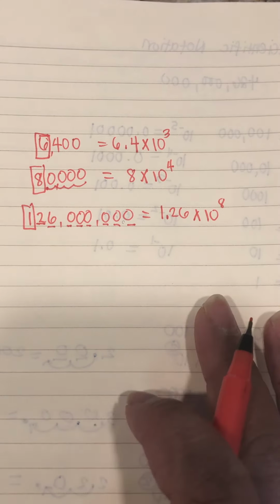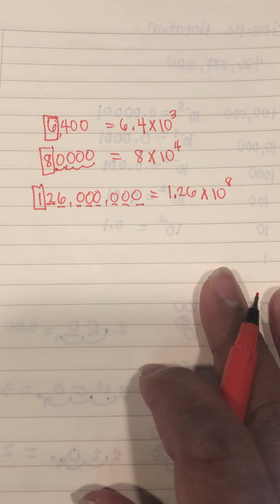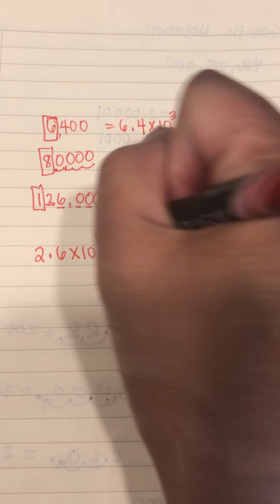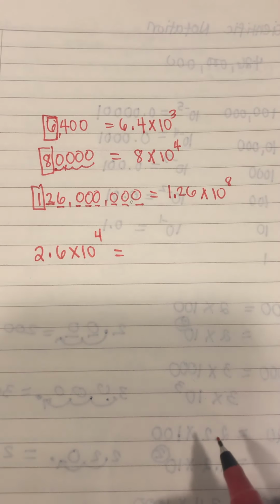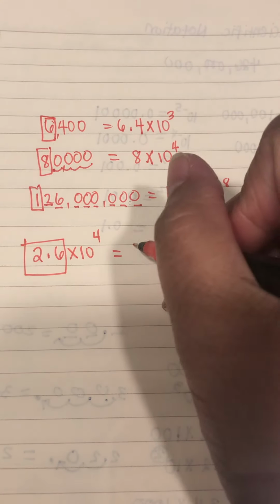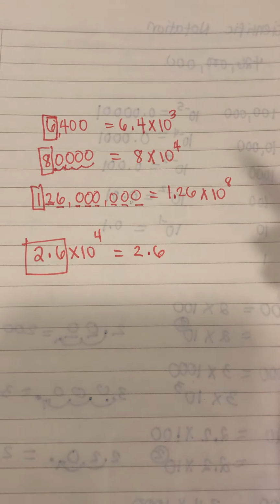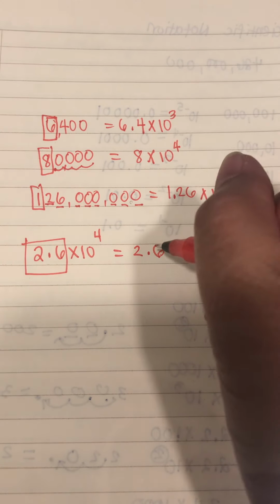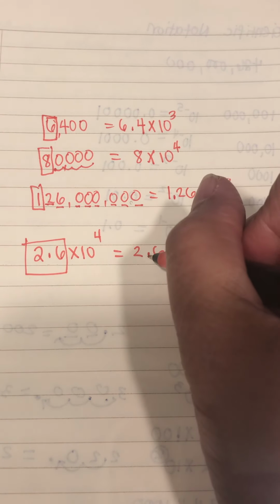And then if we're going to do reverse, how am I going to change my scientific notation into standard notation? Let's see, 2.6 times 10 to the power 4. Okay, so all you need to do is write your number here, your 2.6, and move your decimal point 4 steps to the right.